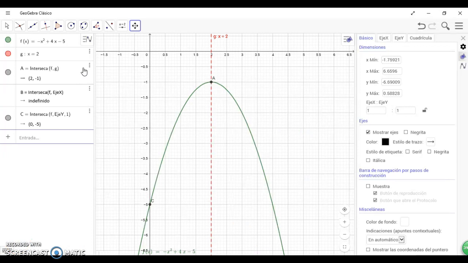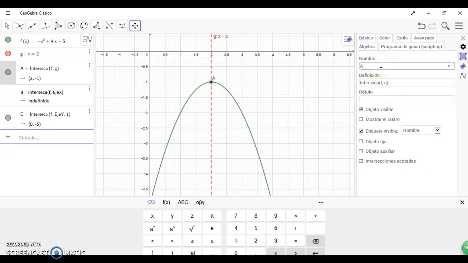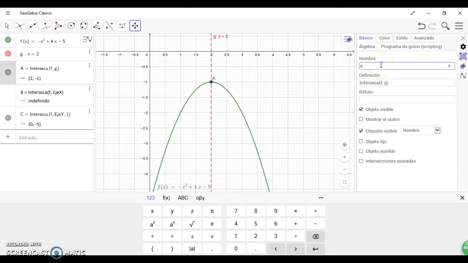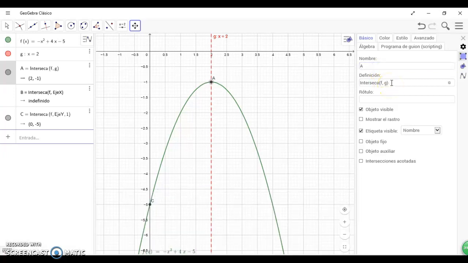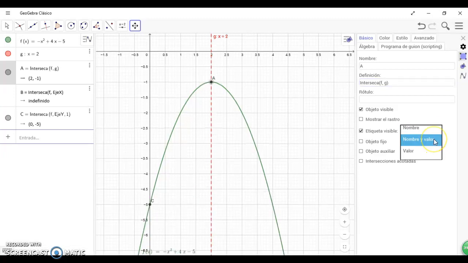The next step is to change the name of the vertex and the y-intercept. So now you put vertex and now you put the name and value in here.